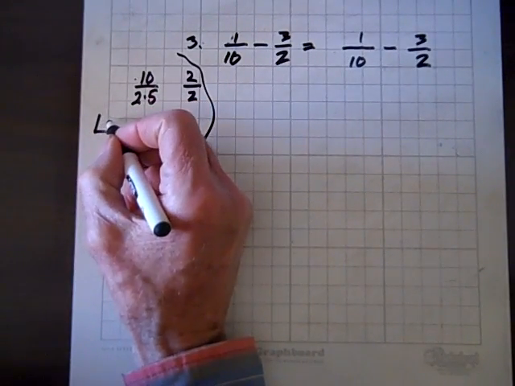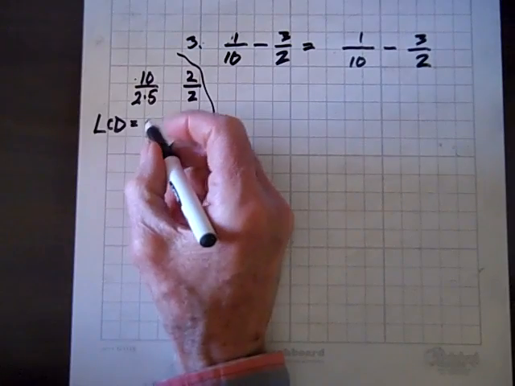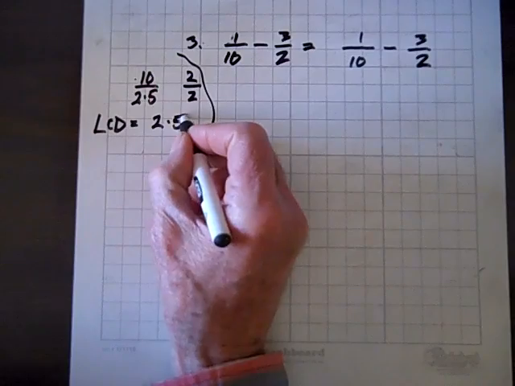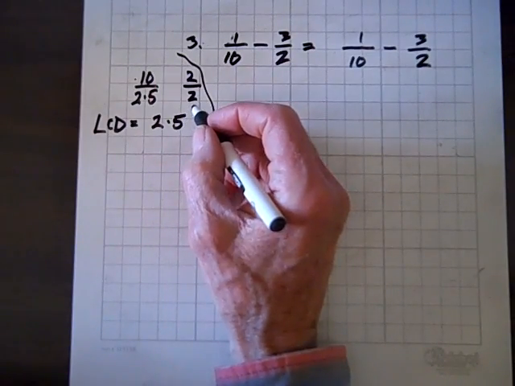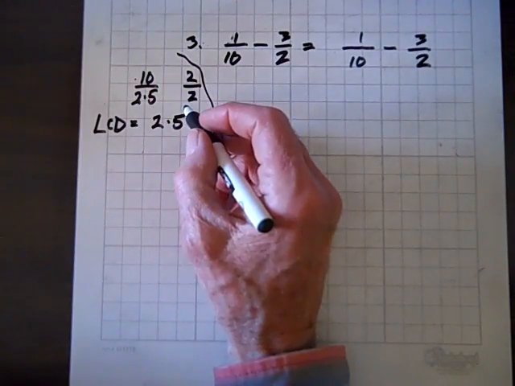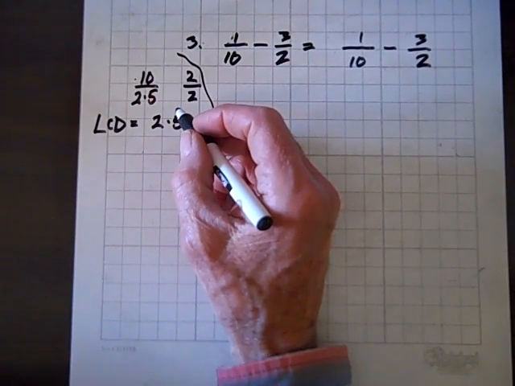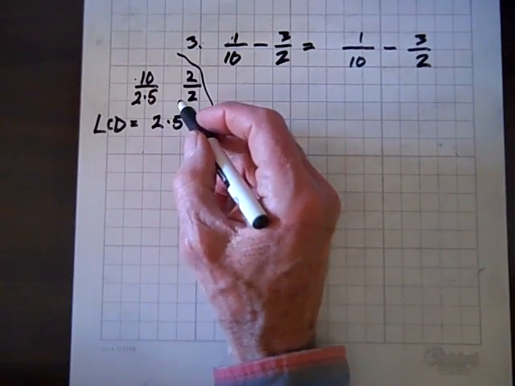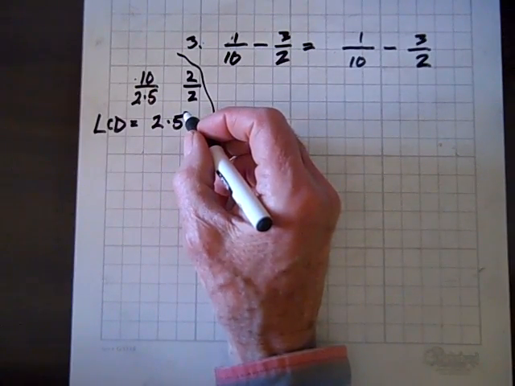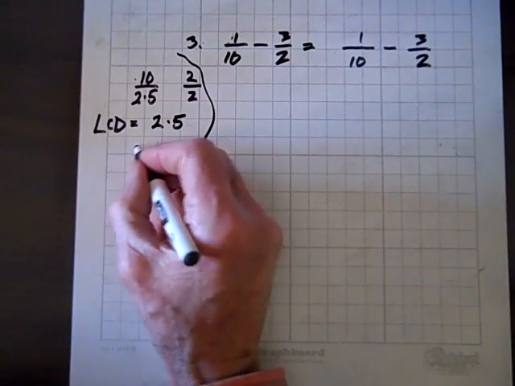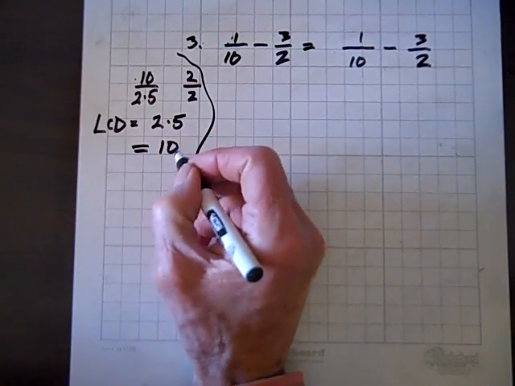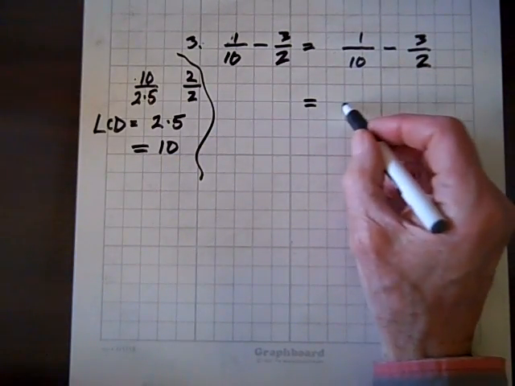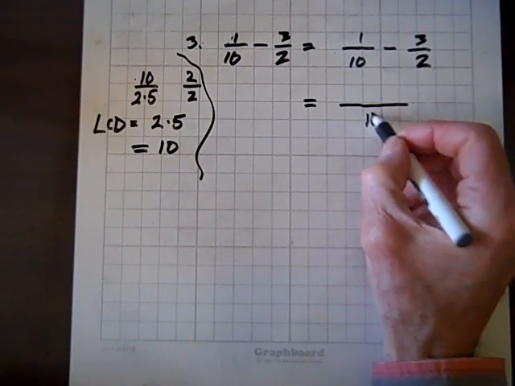So the LCD equals, write down each prime factor, so 2 times 5. And we don't have to write the 2 down twice. And then install the largest exponent on each of those factors. Well, the largest exponent on 2 that occurs is 1, and on 5 that occurs is 1. And why don't we see it? Because it's understood. So we'll find the product of those two, and it's 10. So our common denominator is going to be 10.